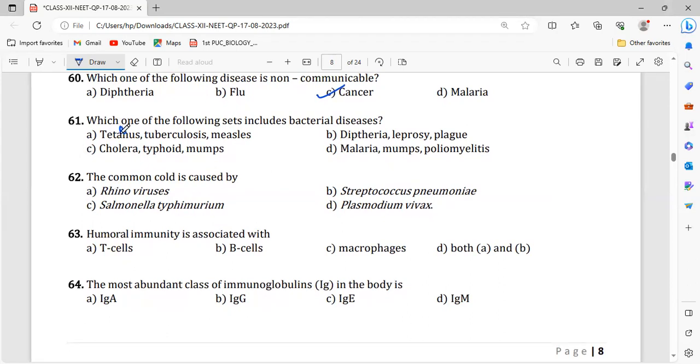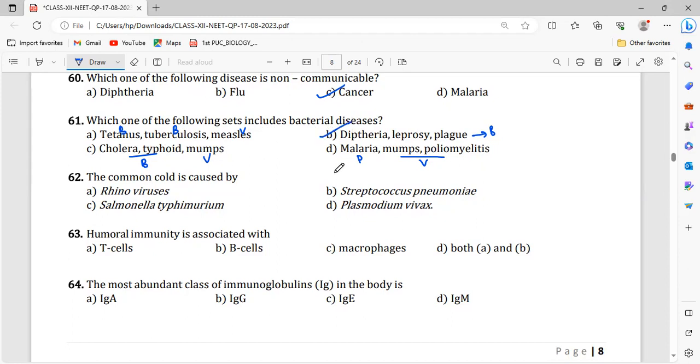Tetanus by bacteria, tuberculosis by bacteria, measles by virus. Here diphtheria, leprosy, plague, all these are by bacteria. Here cholera and typhoid by bacteria, mumps by virus. Here malaria by protozoa, mumps and polio by virus. So the answer is B.